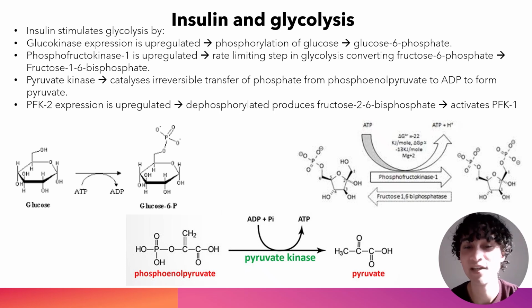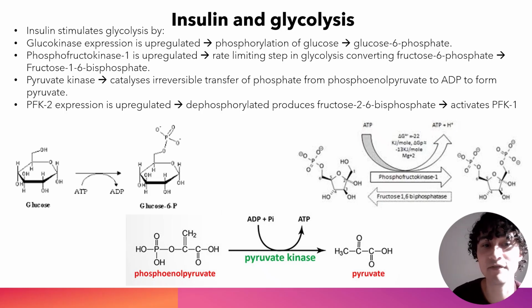So when hepatic glucose input is increased, you get more free glucose moving into these hepatocytes. Glucokinase activity is upregulated, so you're going to get more glucose 6-phosphate production. Okay, and glucose 6-phosphate production is really important in both glycogenesis and also glycolysis. Another enzyme is phosphofructokinase.